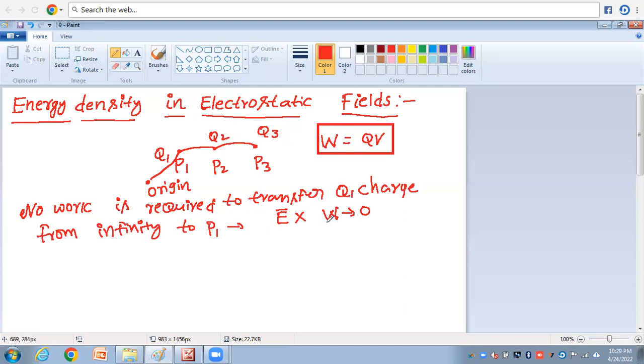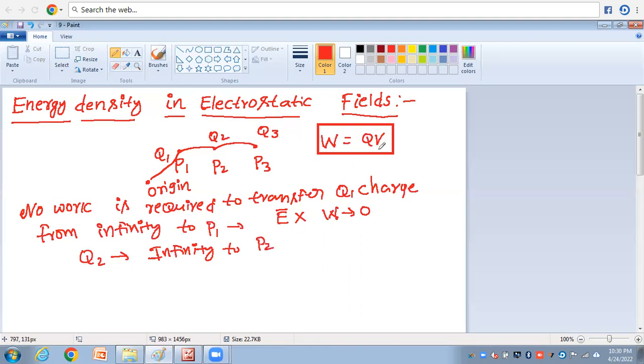The second case is the work done in transferring Q2 from infinity to P2.